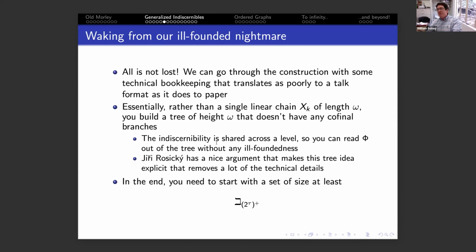But so when you do this technical bookkeeping, you need to start with beth sub 2 to the tau plus, where tau is the size of your language. And that comes into how many colors you're using, because if your language is of size tau, then there are 2 to the tau many colors when you do this coloring by type. And then this bookkeeping means you sort of need to pump it up to this beth 2 to the tau plus.